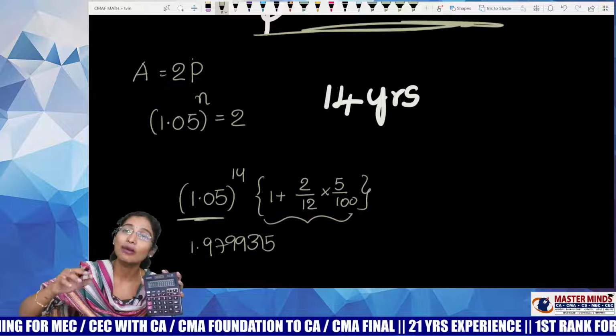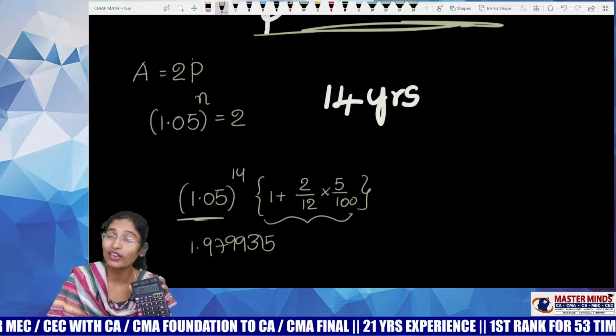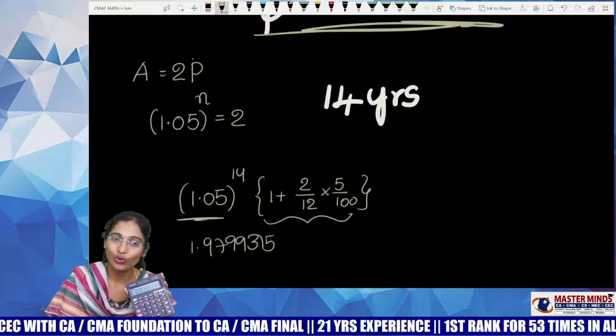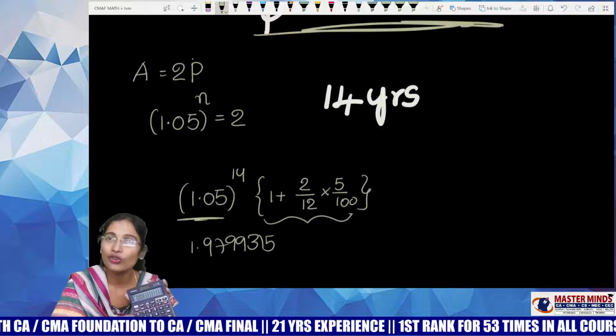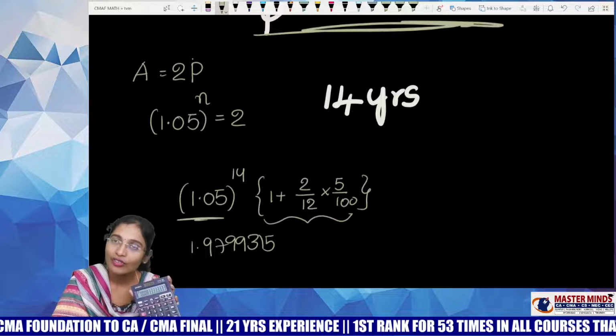If it is into 100, that 100 will be transposed to the numerator. So that is not calculator language. What you do is 2 into 5 divided by 12 divided by 100.